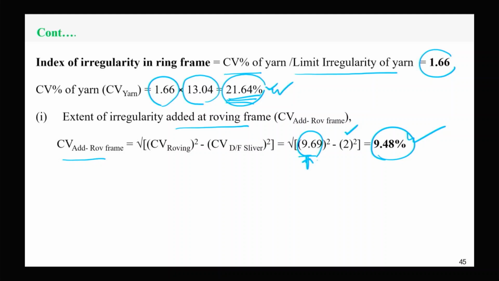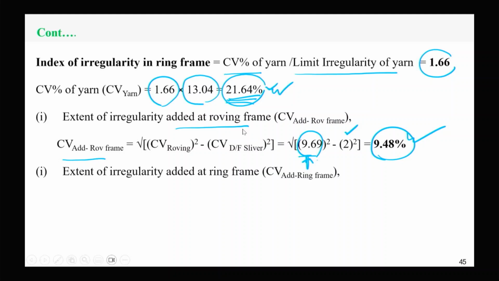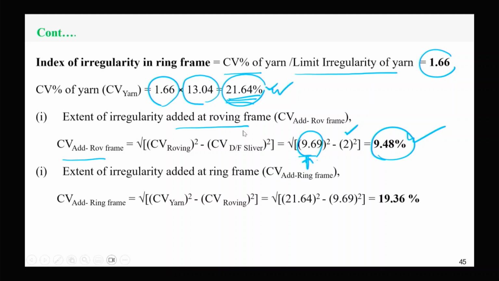So from there we can calculate the addition at the ring frame stage: 21.64 squared for the yarn minus 9.69 squared for the roving. So we get 19.36%, the addition in the ring frame.